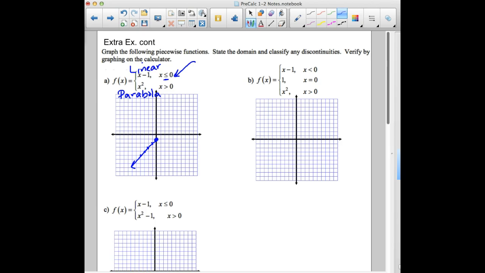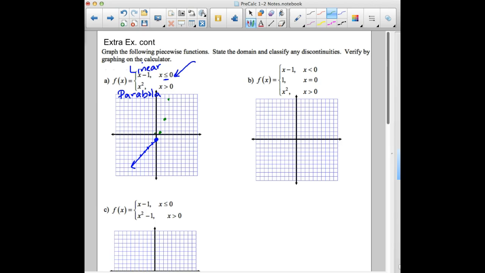For my parabola, what are some basic points on a parabola? Just a plain x squared parabola. 1, 1, 2, 4, 3, 9, and 0, 0. Okay, now, do I include 0?